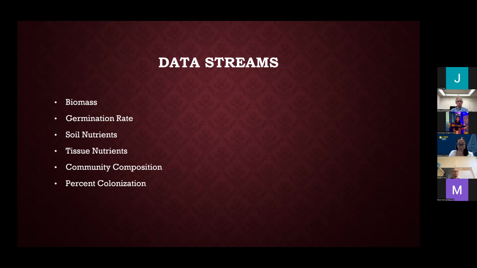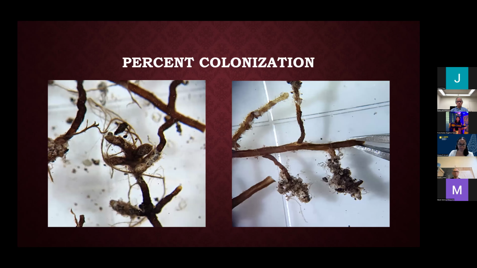Community composition will tell us what fungi are there and in what concentrations, and percent colonization essentially tells us, on an entire root system, what percent of those root tips are colonized. So you can see here in the bottom right on the picture on the left, that would be an uncolonized root, where all those other root tips there, those are colonized.